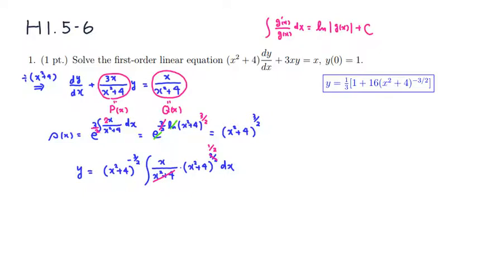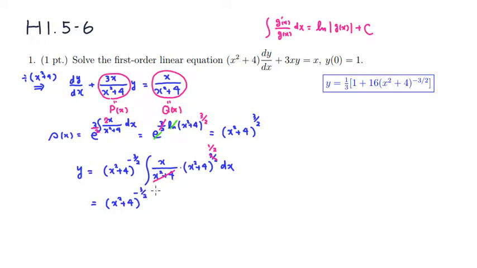We can either use the general power rule, which is pretty easy, so I'm going to use that, or you can use a substitution. So you have the quantity x squared plus 4 to the negative 3/2 power.